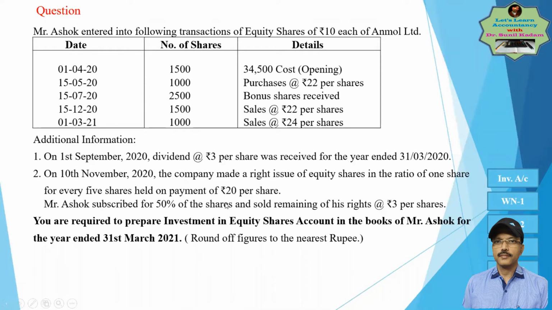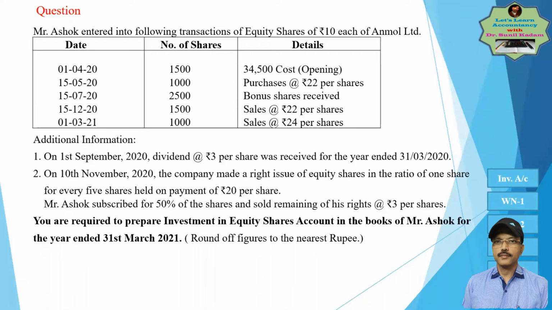Bonus shares have been received by Mr. Ashok from Amul Limited. When Amul Limited issues a bonus, it gives it free of cost. So the shareholder gains in number, but the cost remains the same as before.